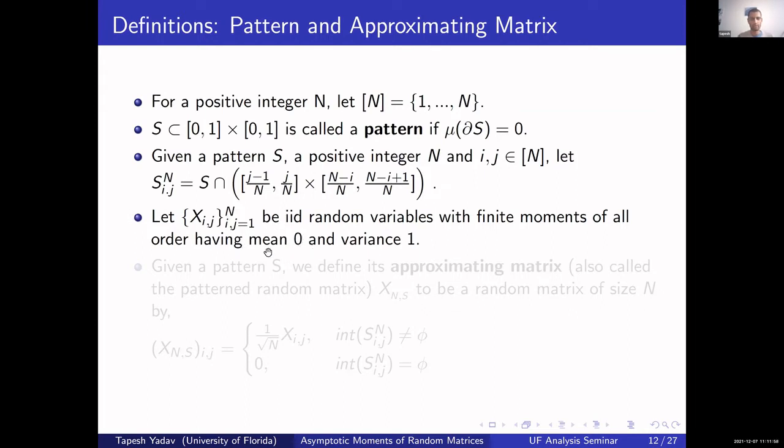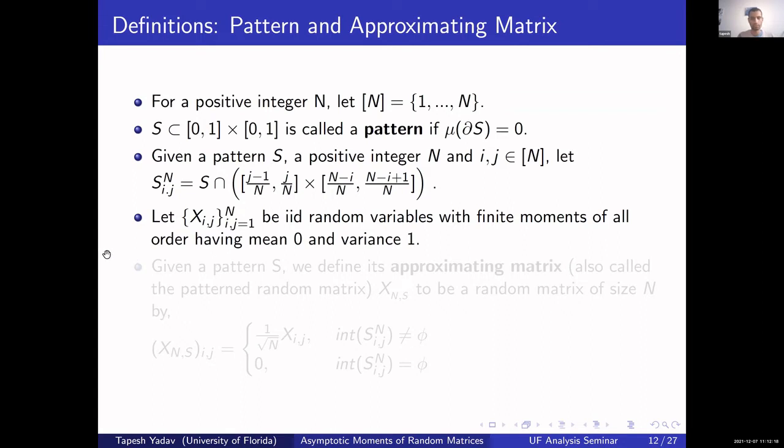Here, mean 0 is a necessity. If we take non-zero mean random variables, then the behavior is different from what we are studying. Mean 0 is a necessary condition, but variance 1 is just for normalization, so we can actually take a sequence of random variables which have a variance different from 1.